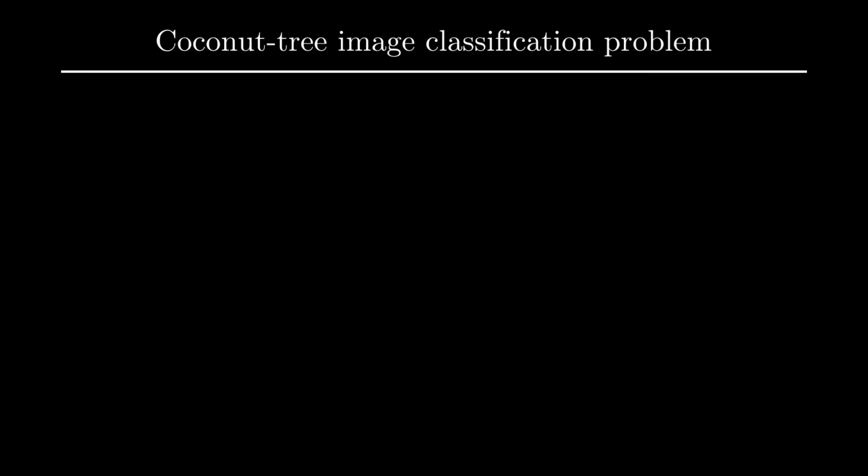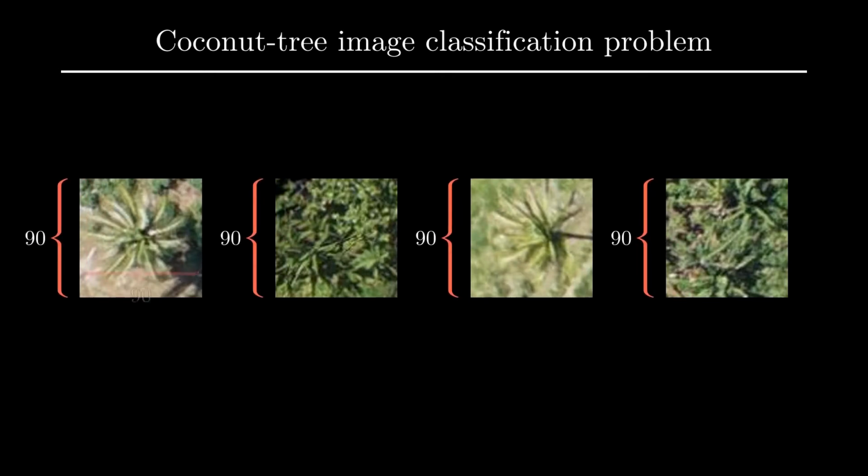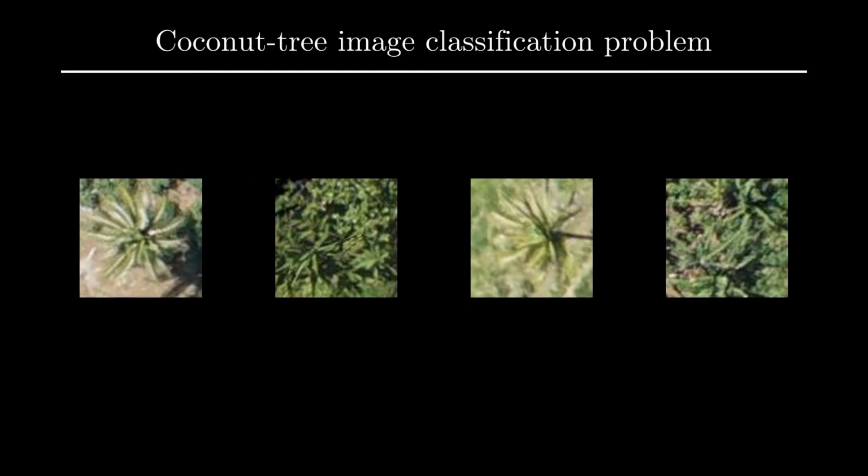To evaluate our method, we applied it to a problem of classifying images of coconut trees. We have aerial images made by drones from regions where there are coconut tree plantations. These images are divided into 90 by 90 patches, and we want to identify which patches of these images have a coconut tree or not. These are the two classes of the problem.